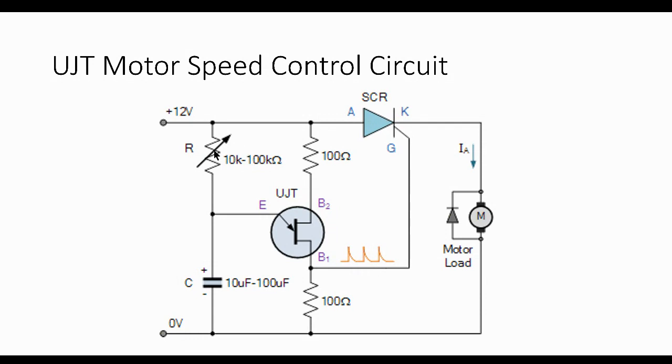We can change the firing angle by changing the value of resistor here. By changing our firing angle, we are changing the average output voltage. And of course, by changing the average output voltage, we're able to control the speed of the motor.